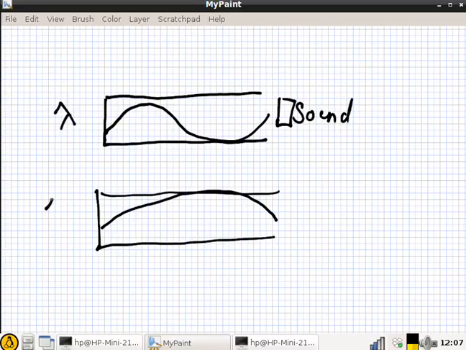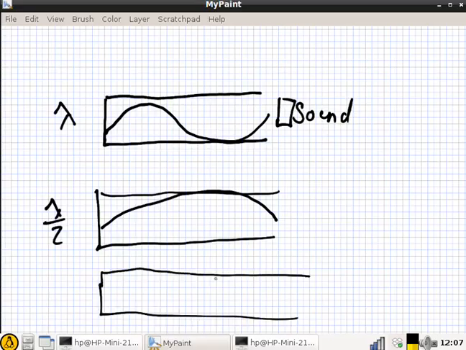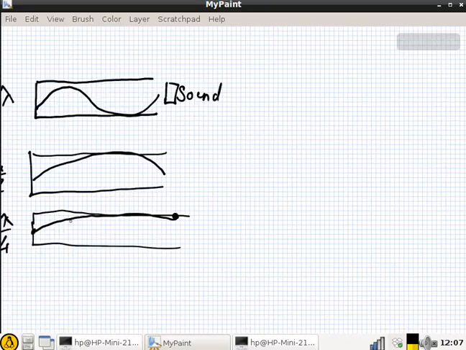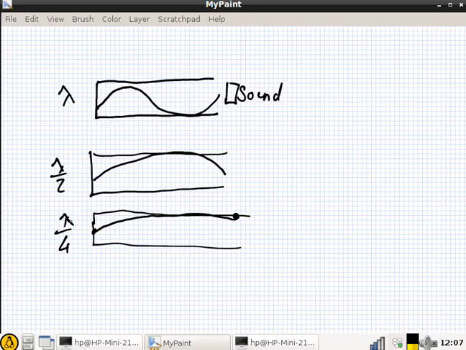This one here would be lambda over 2, and then this one here, I can't quite see it, but I'm going from the min to the max, so it's lambda over 4. So there's a standing sound wave inside the glass, and the glass will shake a little bit, because if you have a wave inside of it and you're shaking it, then the boundary is going to shake as well.